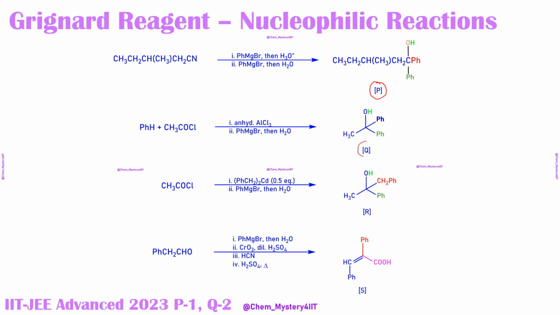This is compound Q after the sequence of reactions, and this is R, and that is S. We will see how these products are formed first, and then we'll come back to the discussion of where chiral carbons are present. You can try checking here itself and you'll get the answer directly, but how we reach that product is our discussion in this video.